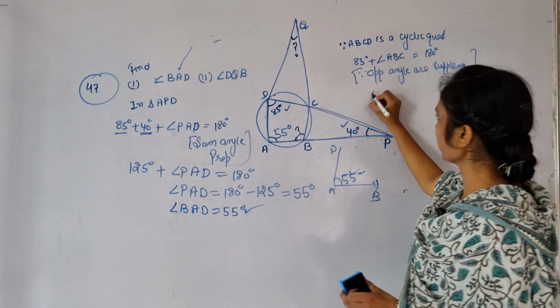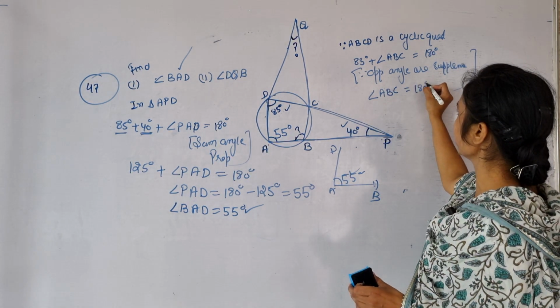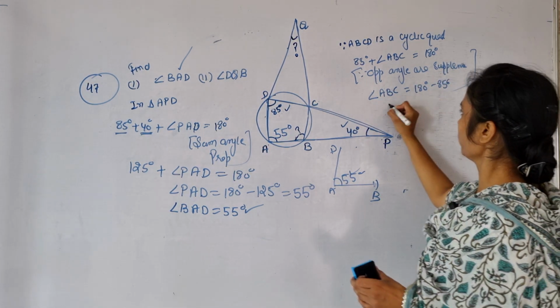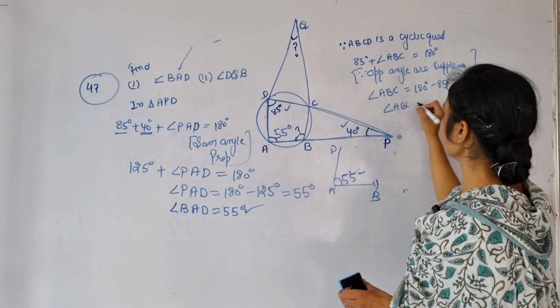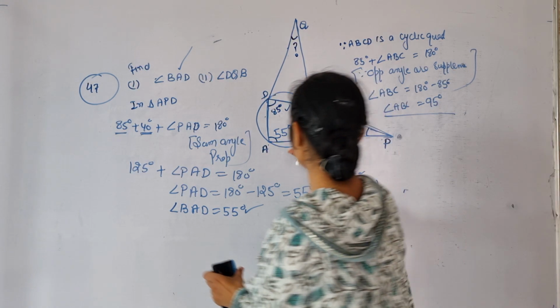Okay, so from here can we calculate ABC? It will be equal to 180 degree minus 85, means ABC is equal to 95 degree. This we have calculated as 95 degree.